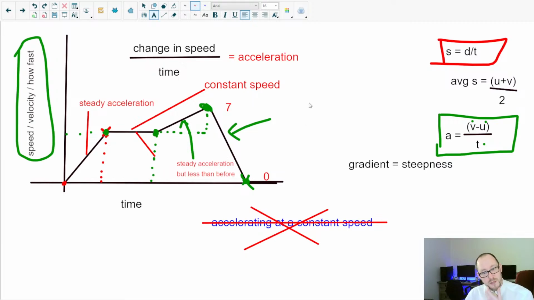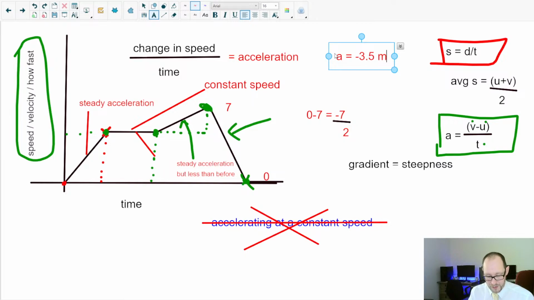So the change in speed there, if I was just doing pure change, is 7. But the final speed take away the initial speed is actually 0 take away 7, which is -7. Then however long that takes, we would divide that through. So let's say it takes 2 seconds, because that makes the maths easier, and we like that. I would then calculate that the acceleration is equal to -3.5.